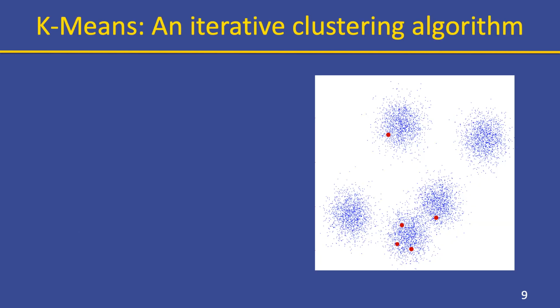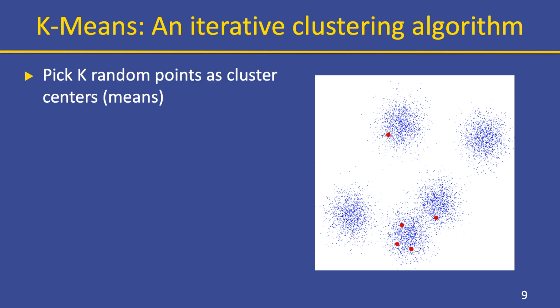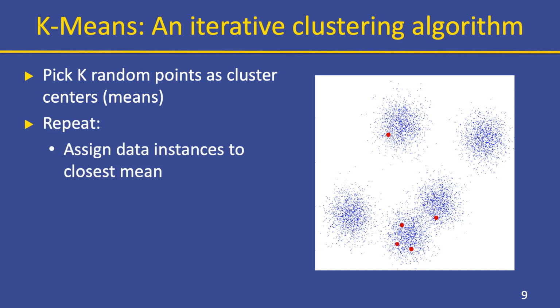So the purple dots here represent data examples, and the red dots represent the means, the cluster centers. Here's the algorithm. We start with k arbitrary cluster centers. Then we repeat the following 2 steps. Step 1, each of the cluster centers, the red dots here, claims the data examples that are closest to it.